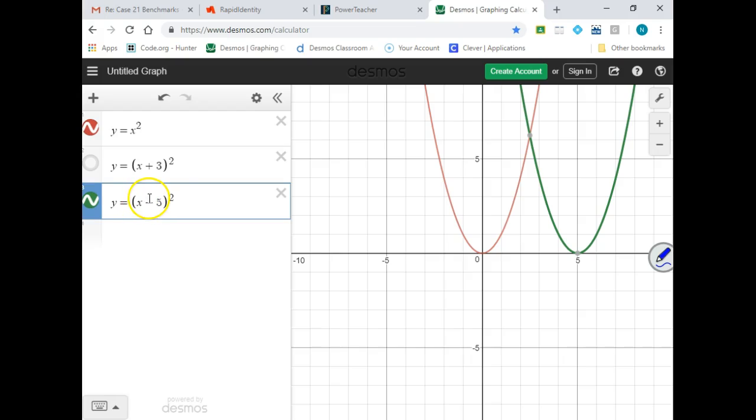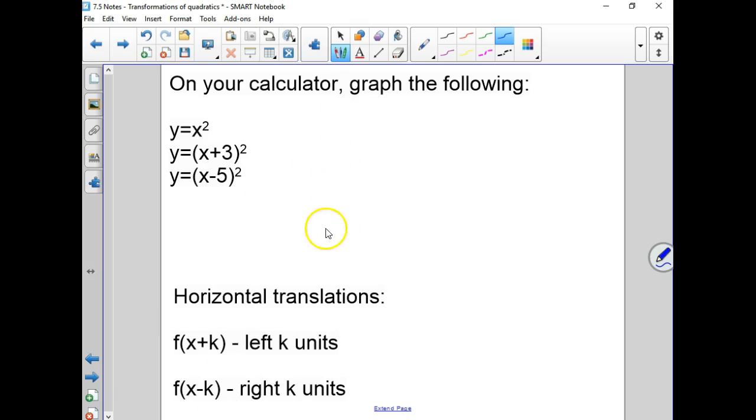Again, it's the opposite. We have a minus 5, it moves to the right or positive direction 5. So whenever we are looking at horizontal translations, it is the opposite of the sign that we see inside of the parentheses. So if I have x plus k here, it's going to move the graph to the left k units. And if I see x minus k, it's going to move the graph to the right k units.